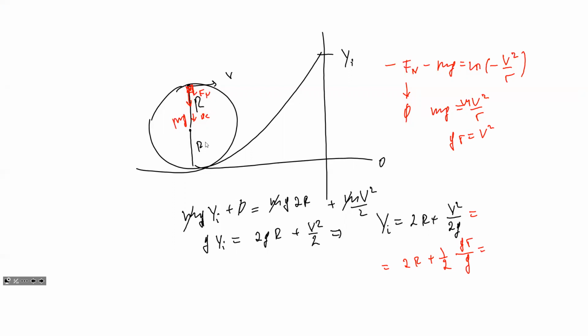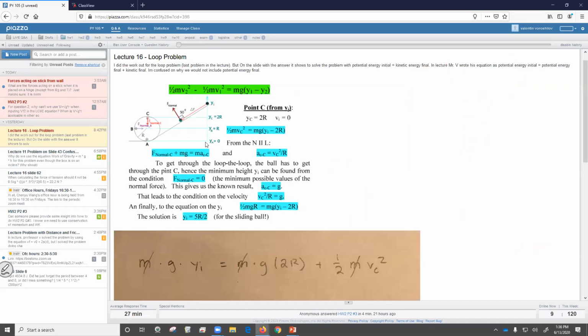I should use the same r's, I guess. R. So 2r plus r over 2, which is 4r over 2 plus r over 2, 5r over 2. That looks like a correct result.